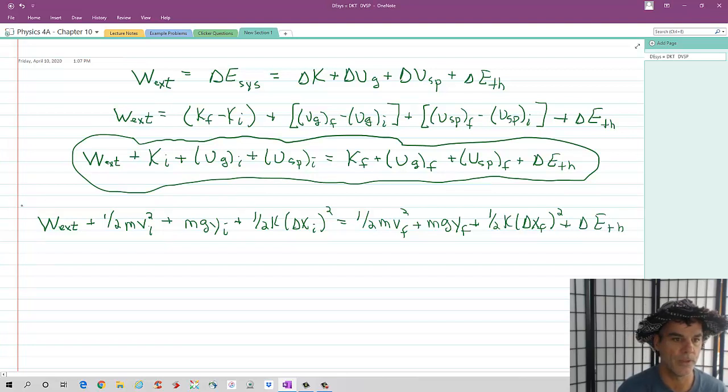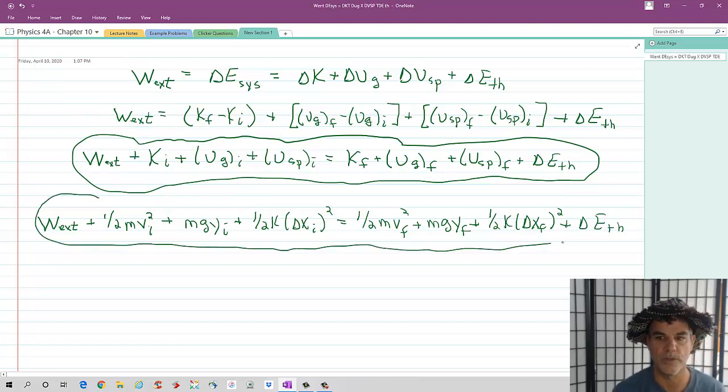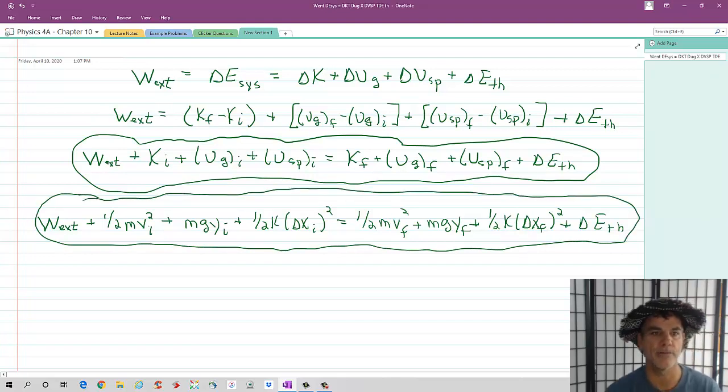This equation is equivalent to the above equation, where I've just written out every single term. So these four equations are all the same.